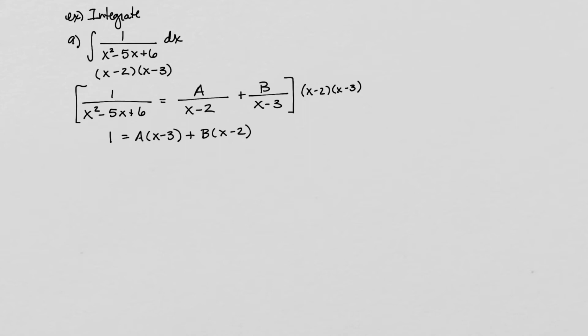So if you notice, if we let x be equal to 3 and I plug that in here, I would have 1 is equal to A times 3 minus 3 plus B times 3 minus 2. So 3 minus 3 is 0. So we'd have 1 is equal to 0 plus B. So B ends up being equal to 1. Questions on what I did there?